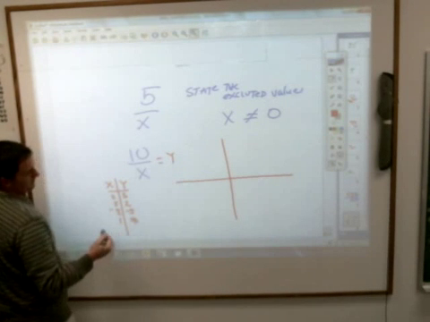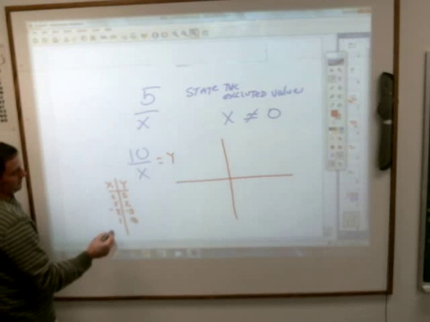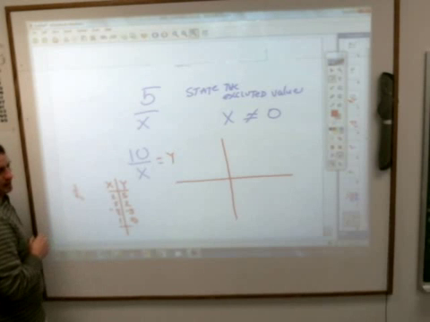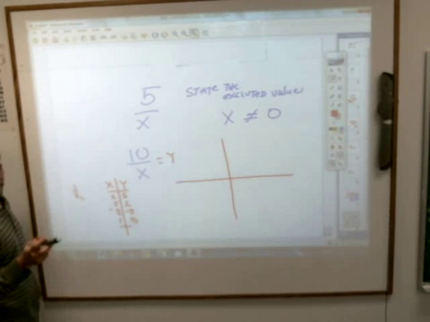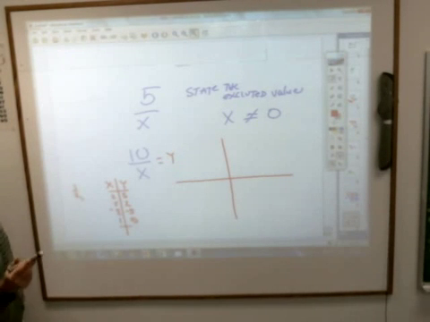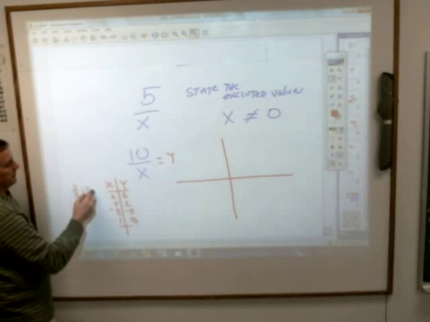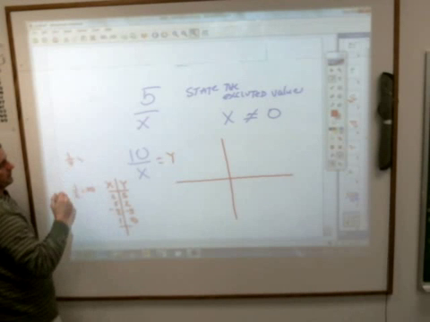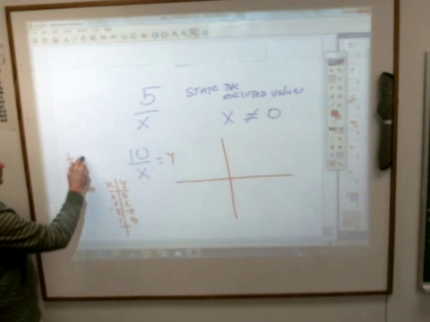How about this? I'll test your little thing here. See if you can think about this. What about when x is 1/2? 10 divided by half is the same thing as flipped over multiplied. It equals 20. What if x was 1/4? Flip it over, you get 40.